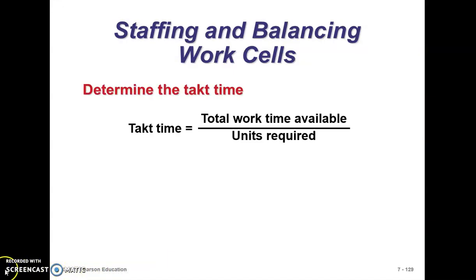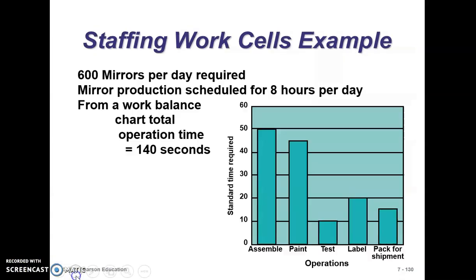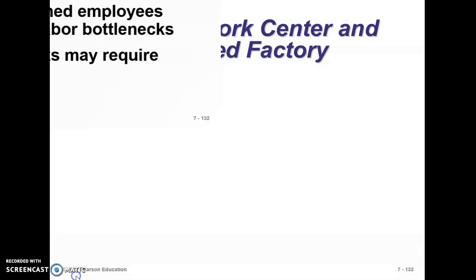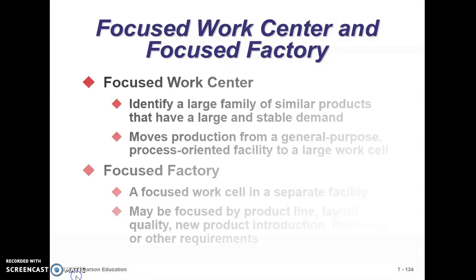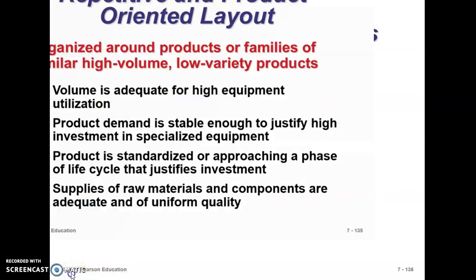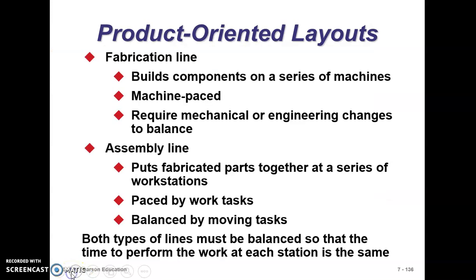Okay, for this calculation we do not cover in our syllabus. This one we also do not cover, all these areas. Okay, for repetitive and product-oriented layout, so these are the features. Volume is adequate for high equipment utilization.